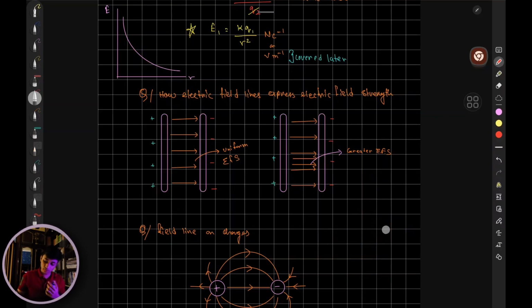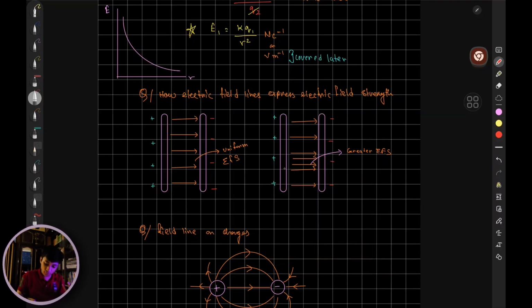So you basically use that logic over here as well for uniform fields where you have charged plates, and the field lines are going to express your electric field strength. Let's say the charge distribution is not uniform, and you have an insulator and the charge distribution on it is random.